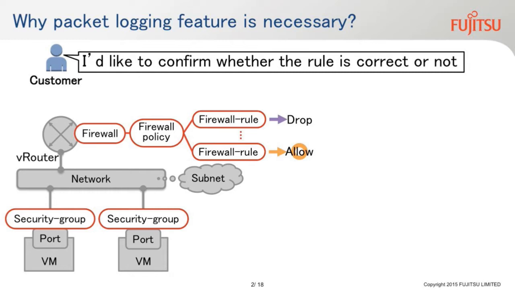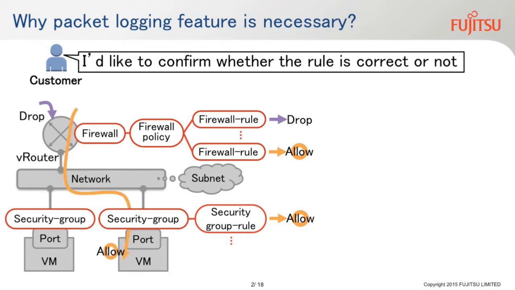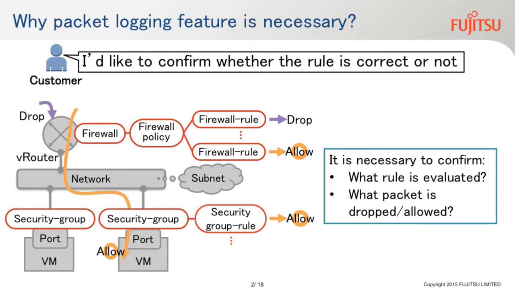As in the security group, we also want to set up so many security group rules. So how can we know which rule evaluates for drop, or which packet or which rule evaluates for the allow into the VM? It means that it is necessary to confirm what rule is evaluated and what packet is dropped or allowed.